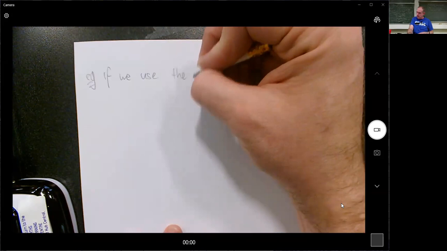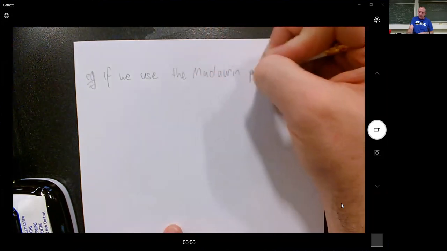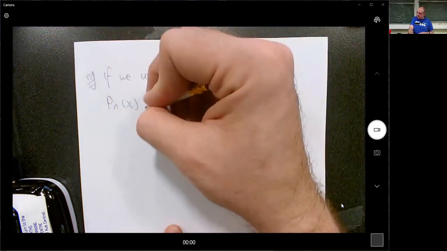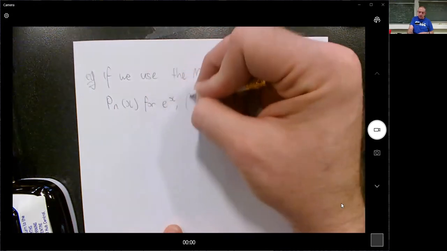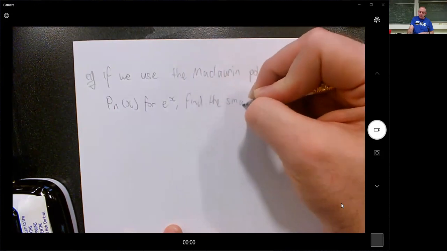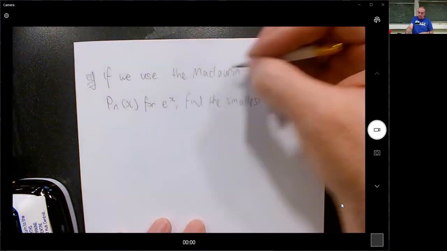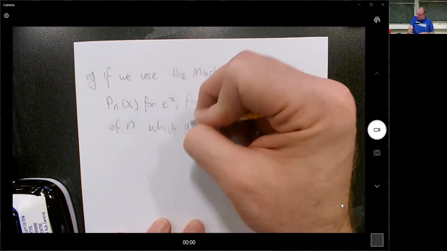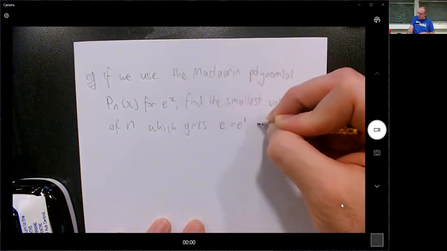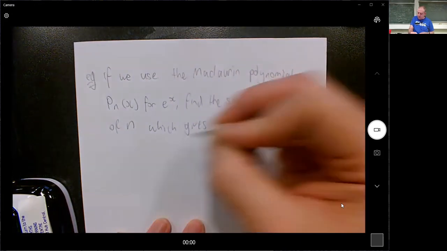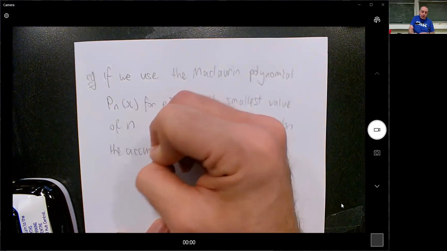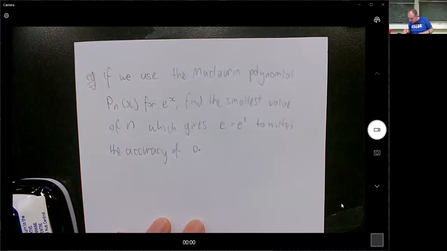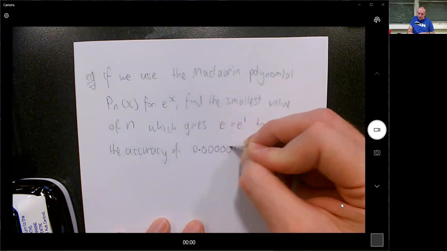If we use the Maclaurin polynomial Pnx for e to the power of x, find the smallest value of n which gives e, which is e to the power of 1, to within accuracy of 0.12345.